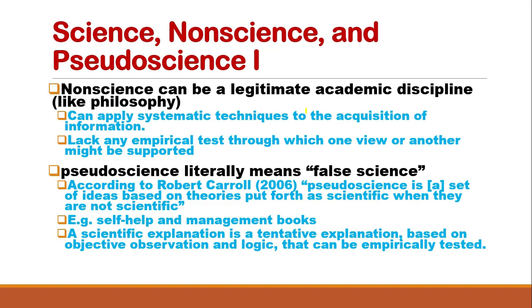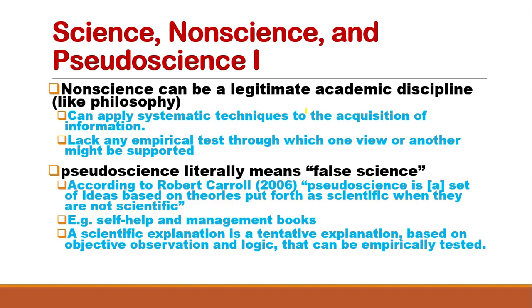In case there is no empirical test through which one view or another is supported, then that discipline cannot be called scientific. So, if one philosopher is saying that the utilitarian method is the best approach to governance, and the other is saying that laissez-faire is a better approach, then we cannot establish a scientific explanation.